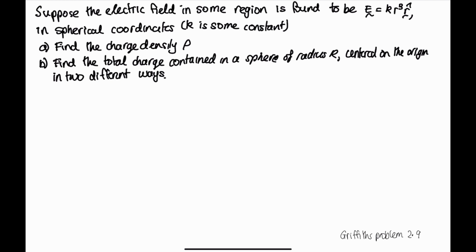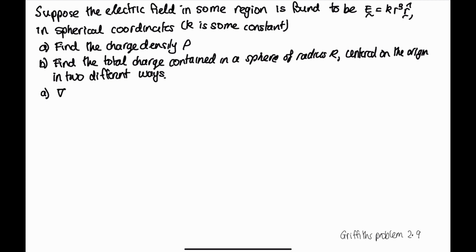So this is a radial field, which increases as r cubed. And in part A, we're asked to find the charge density rho. And then in part B, find the total charge contained in a sphere of radius R centered on the origin in two different ways.